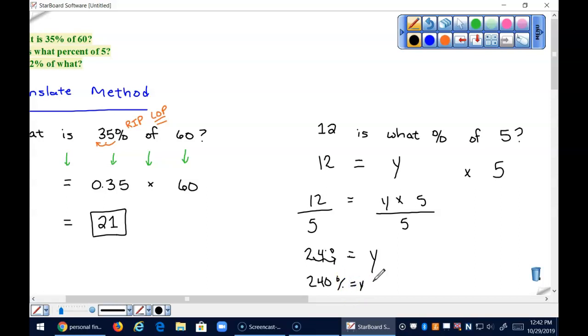I'm going to erase this little zero, make that look a little nicer, just for when people look at this at week 10. So we were going right into percent, so that was to the right twice.